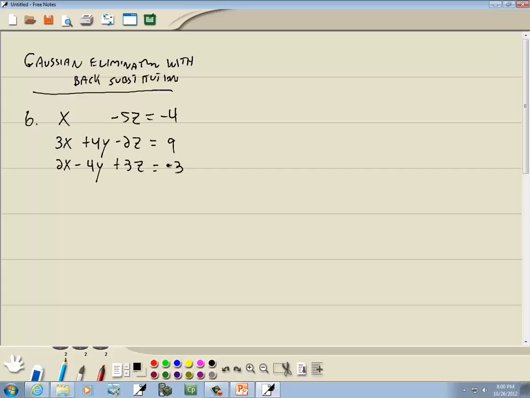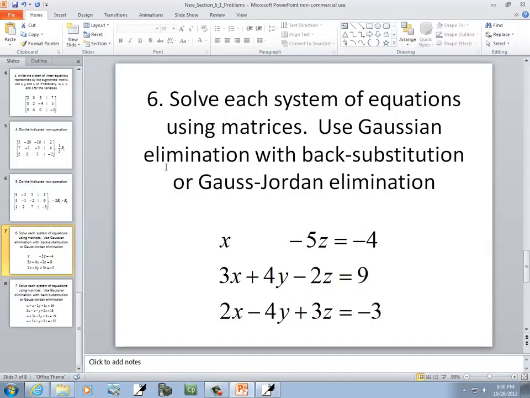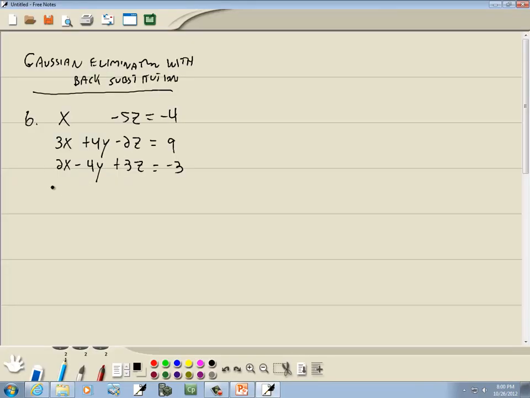Let me double check everything. Signs all look alright. Okay, so first thing we need to do is write down a matrix. So we'll write down our augmented matrix. We got 1 here, we're missing the y, so that's 0. Negative 5, negative 4. 3, 4, negative 2, 9. 2, negative 4, 3, and negative 3.